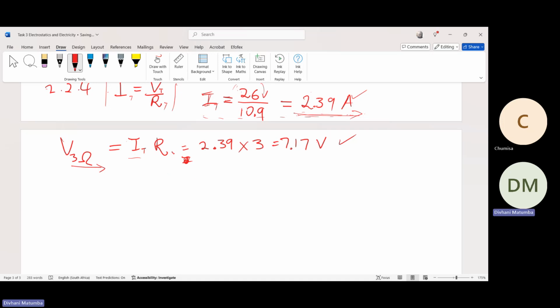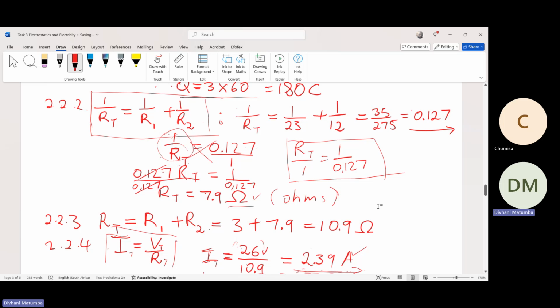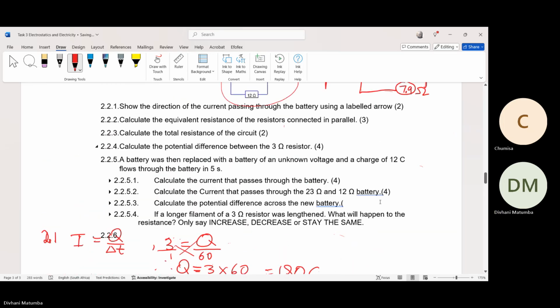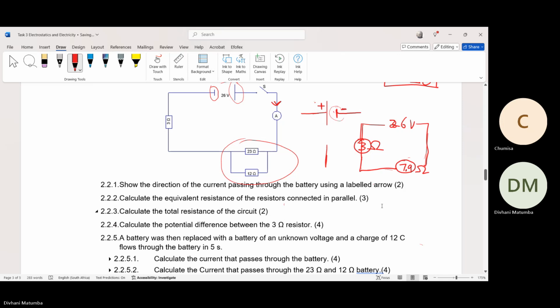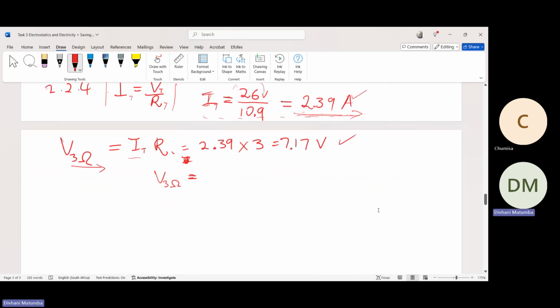So using ratios, you know that V at 3 ohms will be given by the resistance that you are looking for, let's say R1, divided by R1 plus R2. You can use it. This is just my formula.